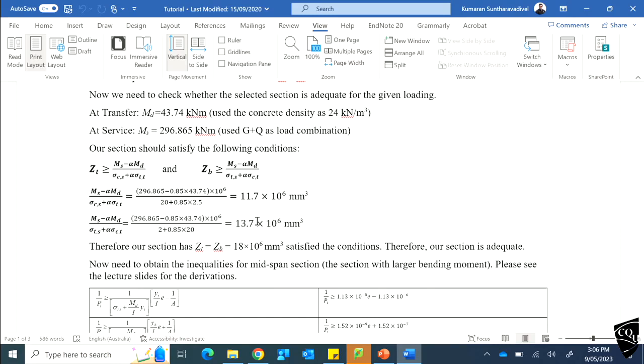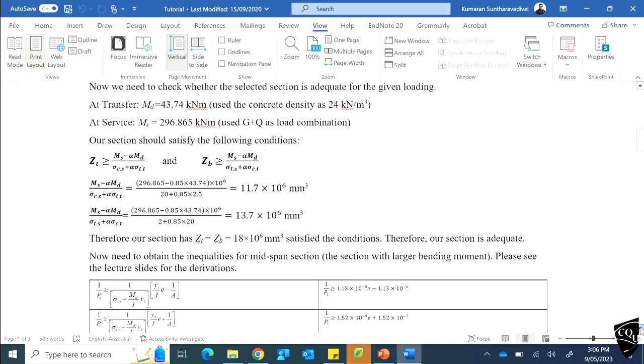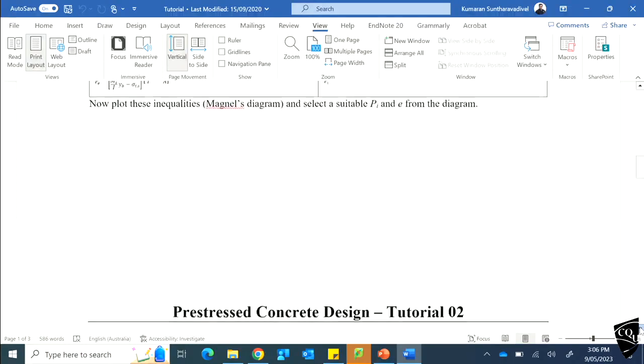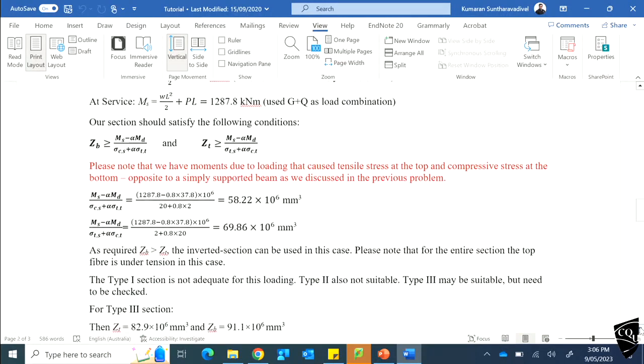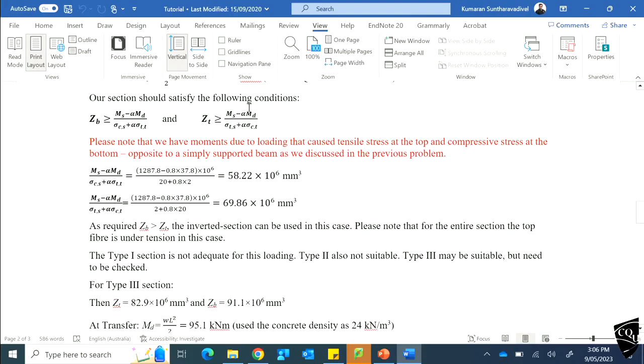Okay, but in the second question, the top part is under tension. The top part is under tension. So the top section modulus require large value, or the top section require large section modulus. Okay, so the large section modulus is on the top, so it need to be 69.